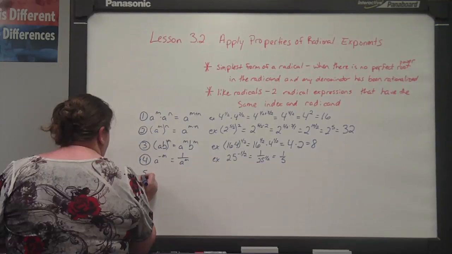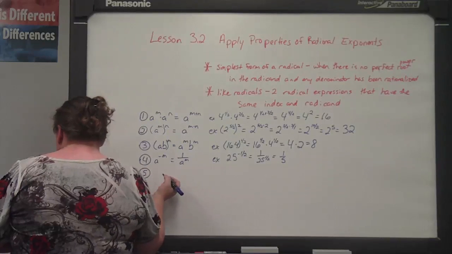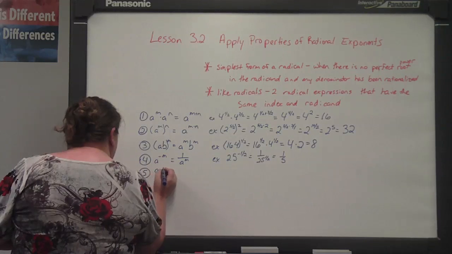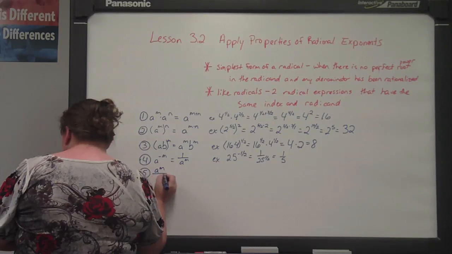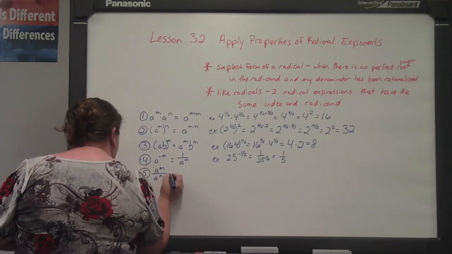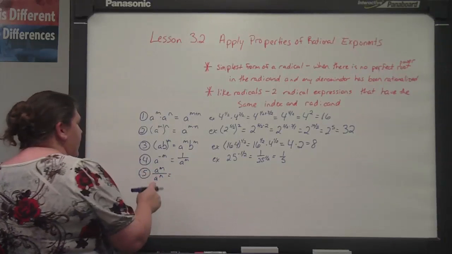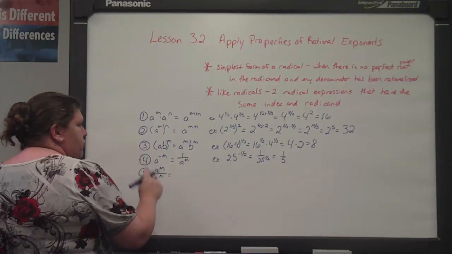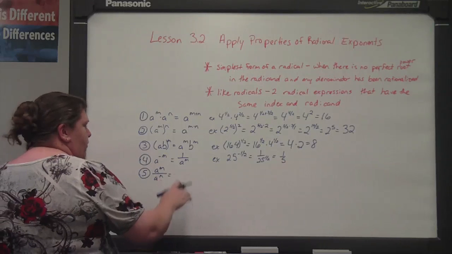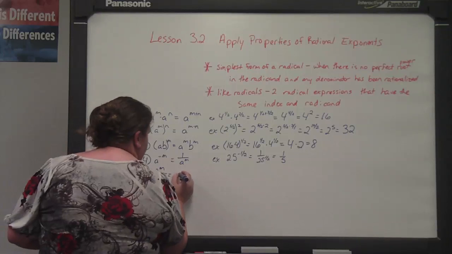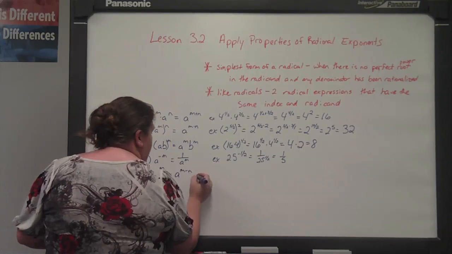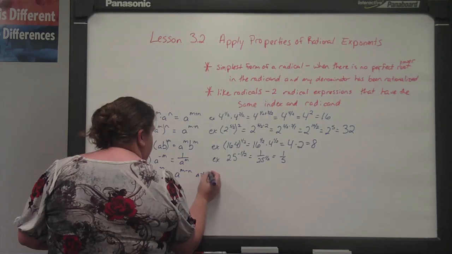The fifth property is a to the m divided by a to the n. You remember that when you have the fraction, you subtract the denominator's exponent from the numerator's exponent. So we have a to the m minus n, but only when a doesn't equal 0.